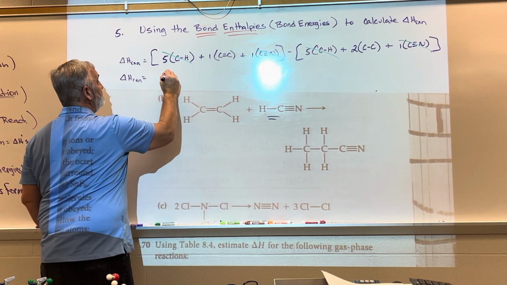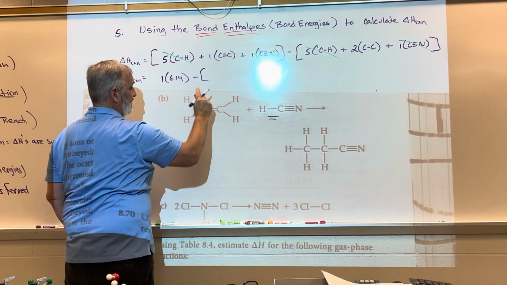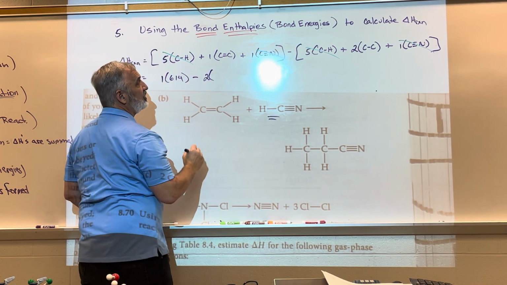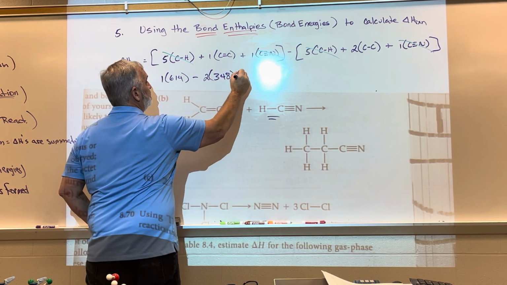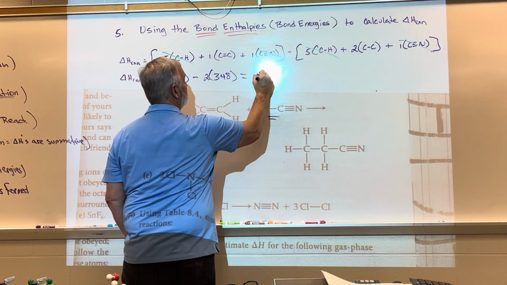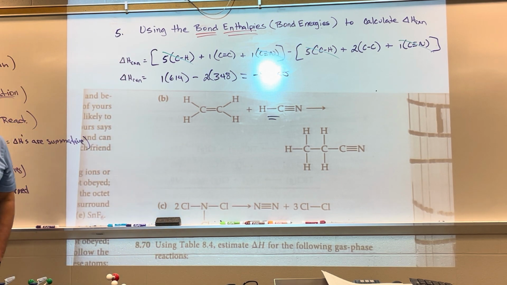So it's 1 times 614 minus 2 times, well actually we don't even need to put the bracket, minus 2 times, what's the carbon to carbon? 348. And that's going to equal negative 82 kilojoules. Okay? So again, pretty straightforward. Not too hard.